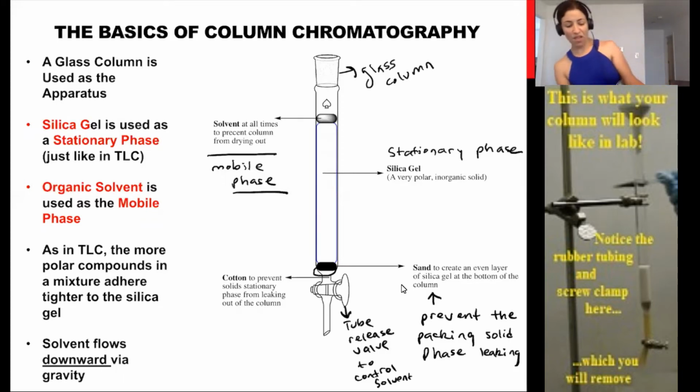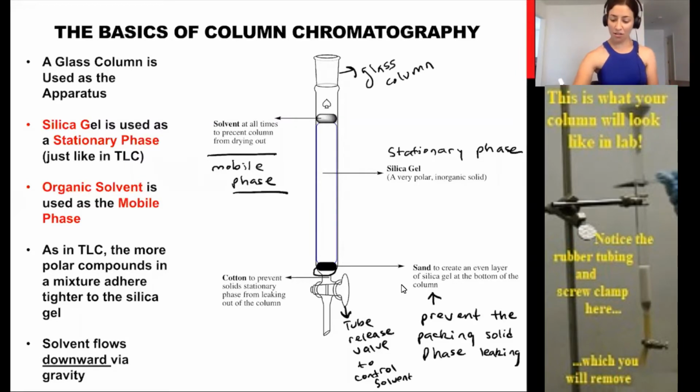So what is different about the chromatography setup within the column as compared to the plate? As you can tell, it's obviously a larger scale. The other thing that's different is in a TLC plate, we watched solvent travel up the plate and it brought the molecules with it.